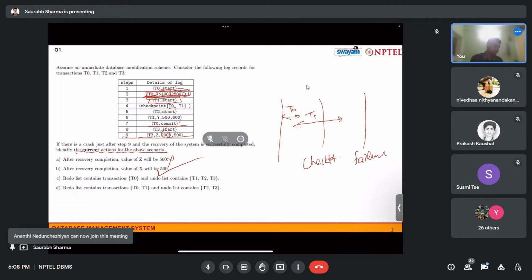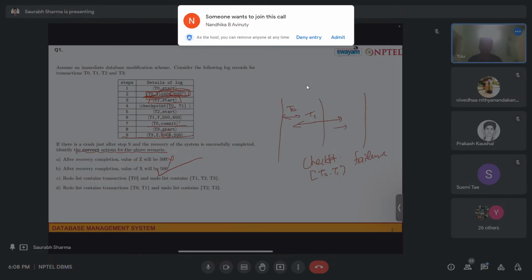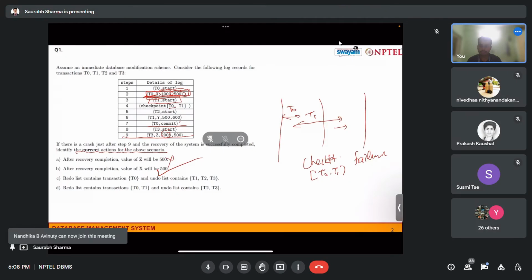Checkpoint was done on T0, T1. Then T2 started after this checkpoint, and it wasn't committed. After checkpointing, T0 was committed, there was a commit statement, but T2 was running. Then T1 was also running.